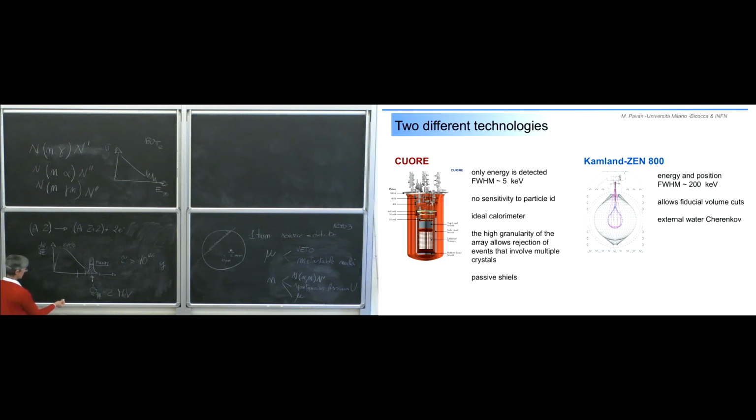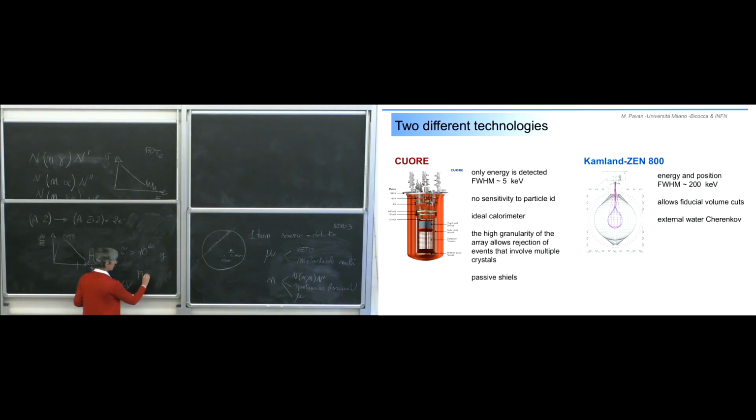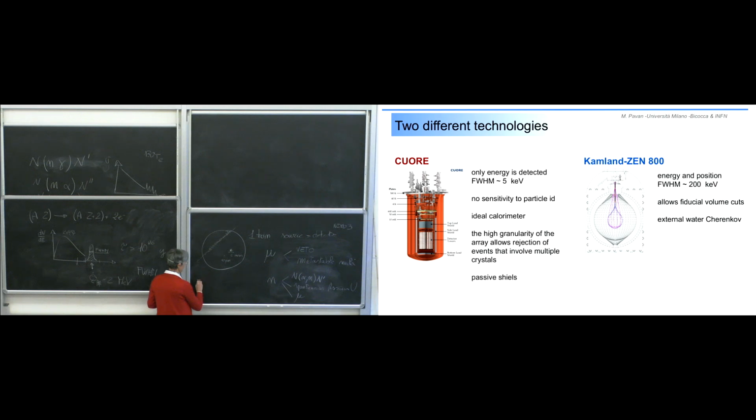So the energy resolution, okay, you know that in a Gaussian, we are used to talk of, to say the truth, the full width at half maximum of a Gaussian is nearly 2.35 sigmas, okay?